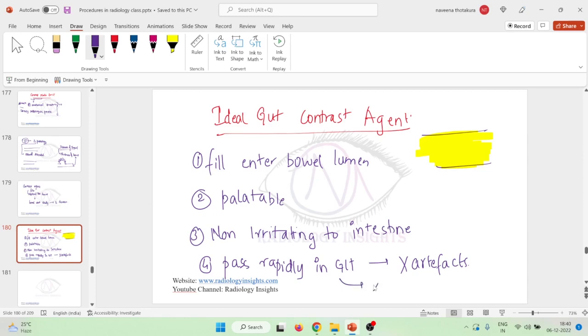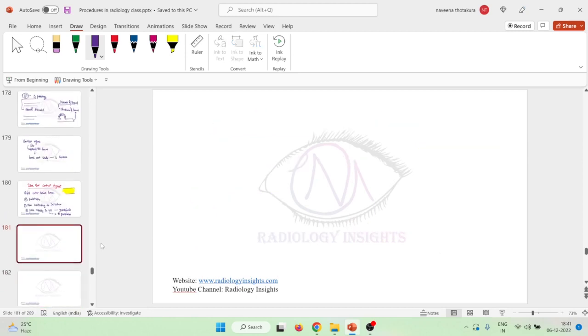The contrast agent should also not stimulate peristalsis, because vigorous intestinal peristalsis might cause the patient pain and other features. And the contrast agent should coat the gut mucosa, so that lesions of the bowel are detected very well.